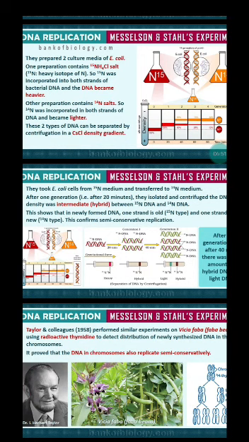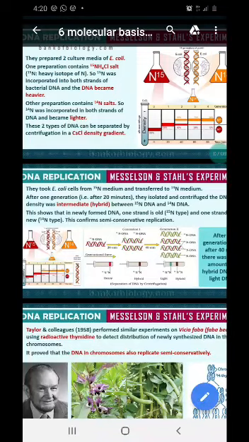So it is a hybrid. All the bacteria will have DNA having the hybrid: one strand having N15, another strand having N14. A hybrid density they have. So they occupy a little higher position than the previous one, right?